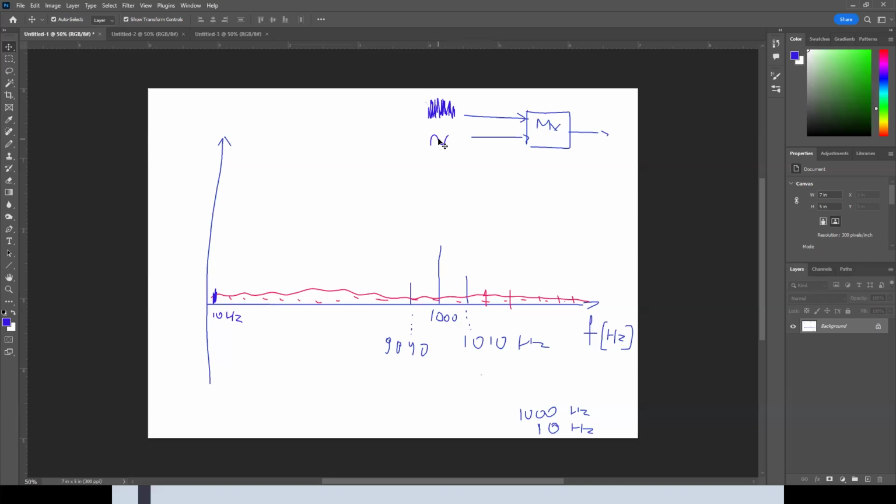Well, if this is not a sine wave, what if we connect a microphone to it, and there's going to be somebody talking here to the microphone?